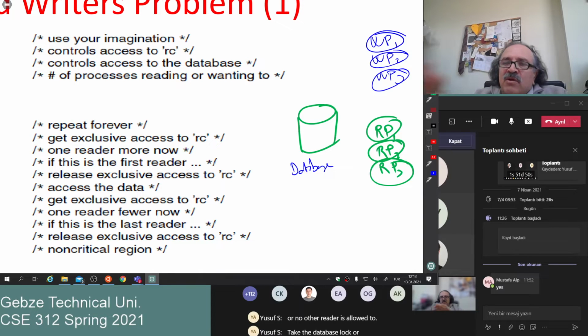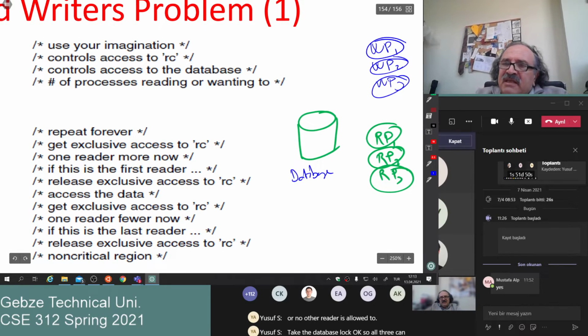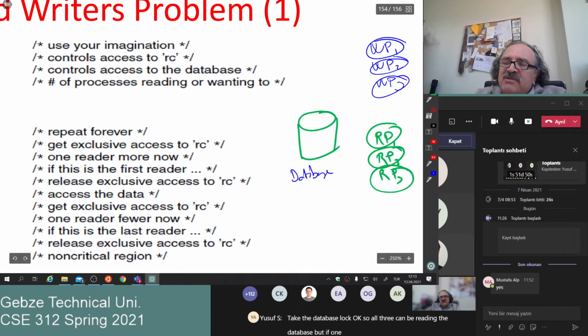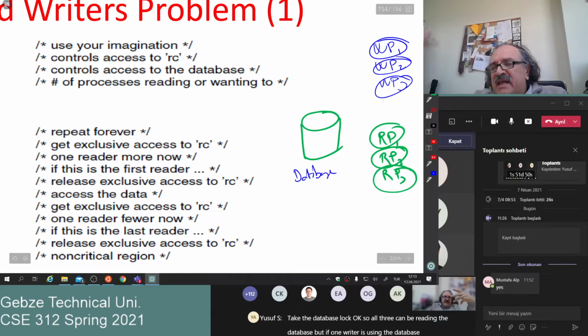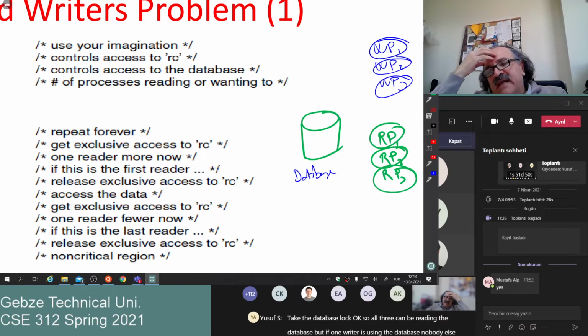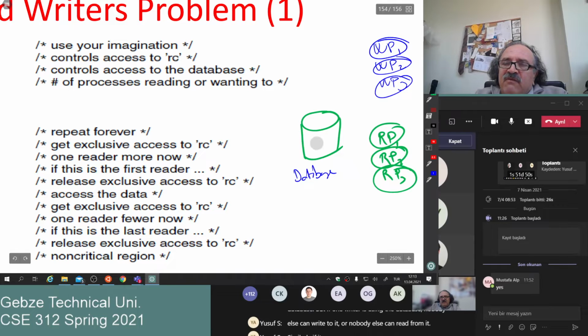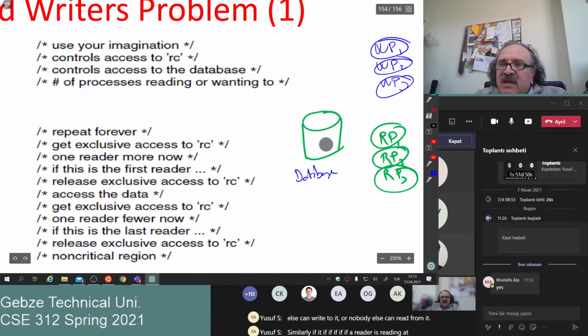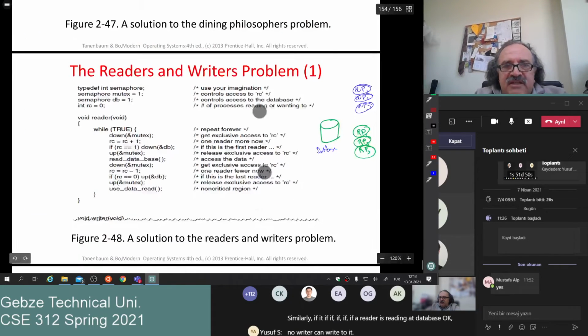So all three can be reading the database, but if one writer is using the database, nobody else can write to it or read from it. Similarly, if a reader is reading the database, no writer can write to it.